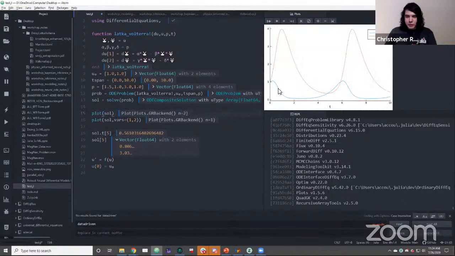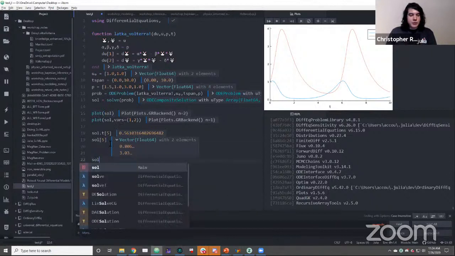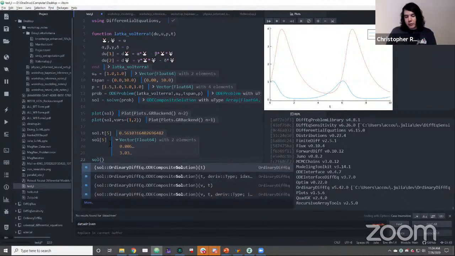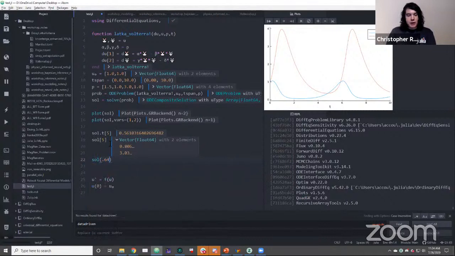So here it would be probably around here, and we would see that, yeah, it corresponds to about 3.8. We can also get the value at arbitrary times, for example, by doing sol of 0.75.